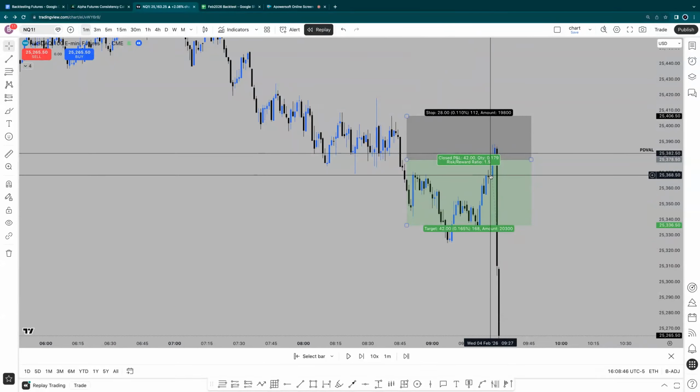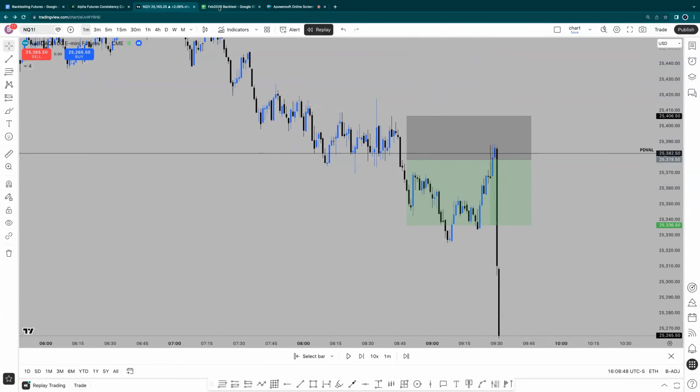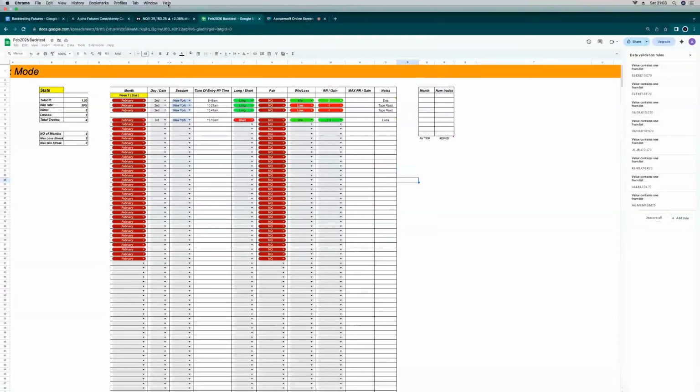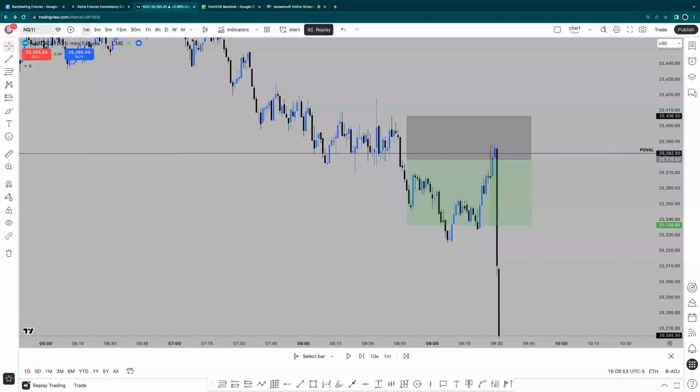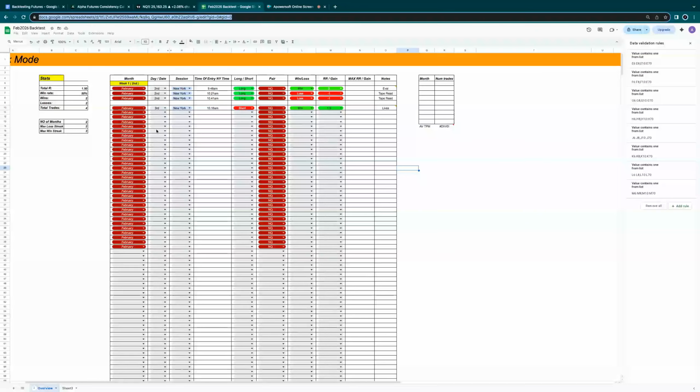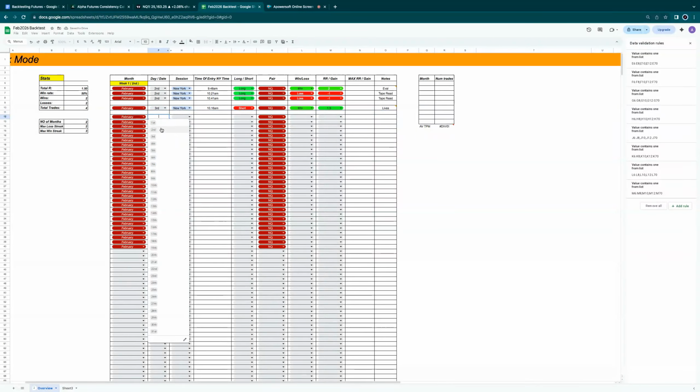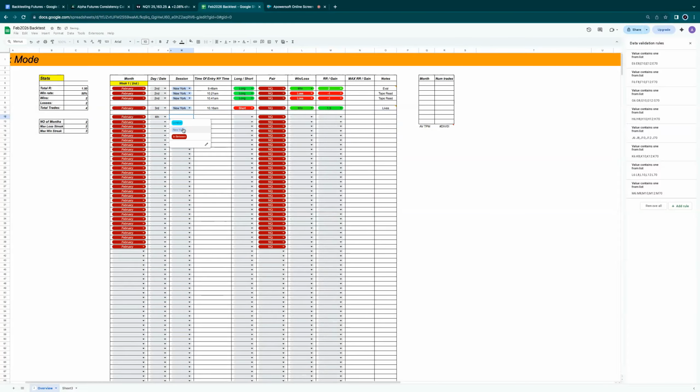Our entry would have been at 9:27. What date are we on now? On the 4th, I believe. Yeah, Wednesday the 4th. So again, we need to delete these out of the way because we took one live trade. Let's put Wednesday the 4th, New York session. Shorted, it was a win, 1.5.